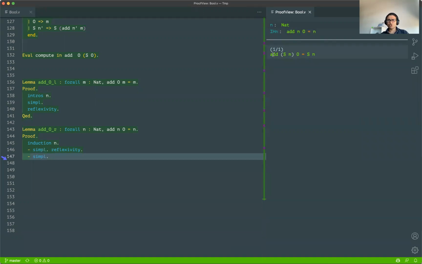And then we need to prove that n plus 1 is equal to 1 plus n. Okay, so we do simplification. And now I need to replace this by this term.